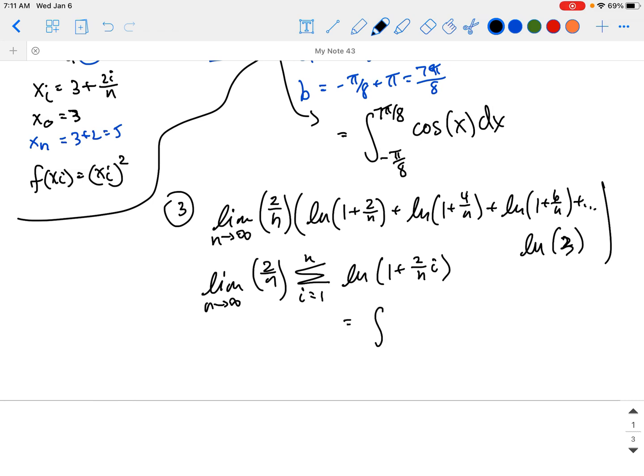Then that gives you your definite integral, which will be the integral from 1 to 3 of the natural log of x dx. I get 3 because I've got 1 plus 2 here, so 1 plus 2 gives me my endpoint of 3. 1 is always your left endpoint. And the delta x, of course, doesn't matter in our definite integral representation, so this is just x sub i on the inside.